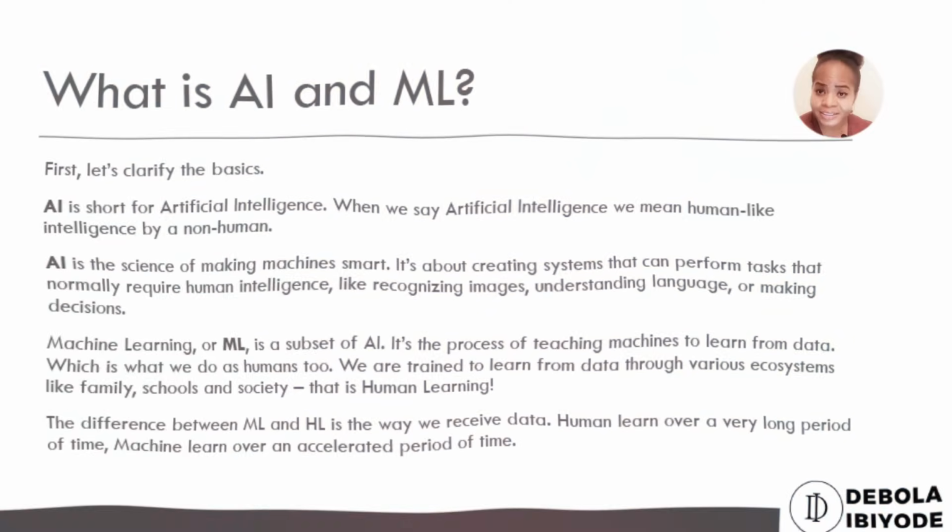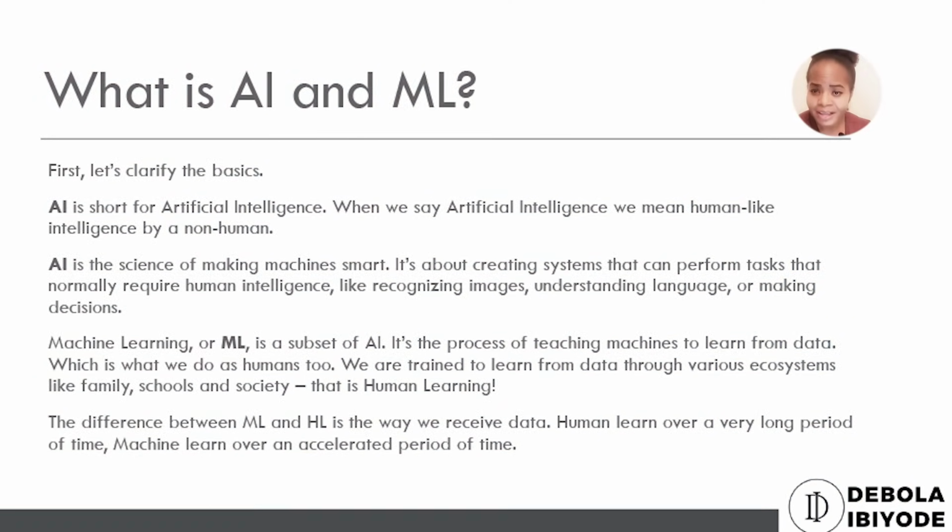So, artificial intelligence requires creating a system that will perform tasks that normally require human intelligence. Tasks like image recognition, classification, or just simply making decisions. Okay, so for tasks that would normally require human intelligence, we will create a system that will be able to perform that task, right?